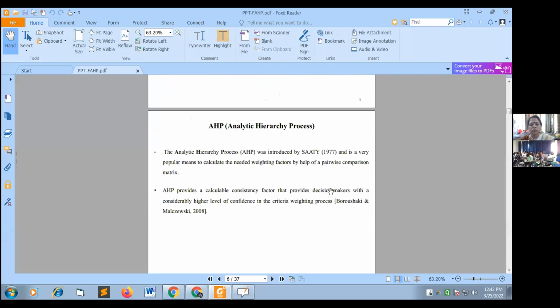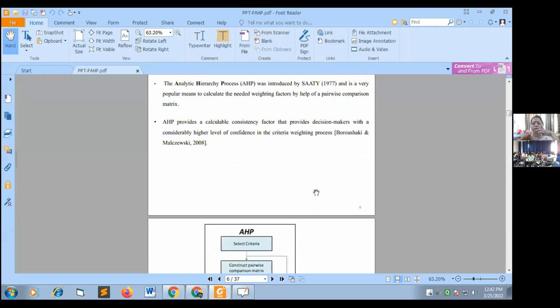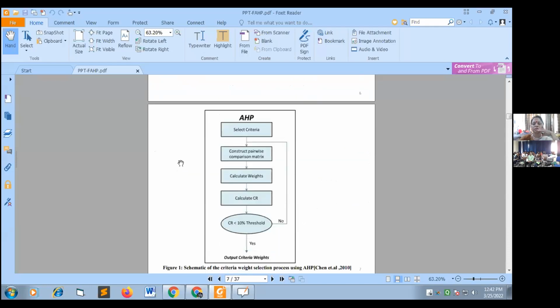So we should compare all the weighted criteria. AHP provides a calculable consistency factor that gives a decision maker a considerably higher level of confidence in the criteria weighting process.